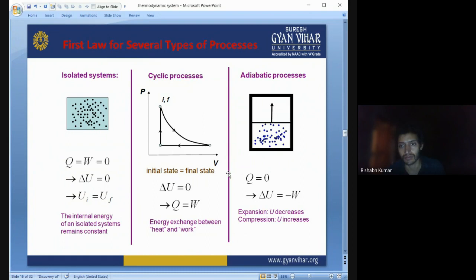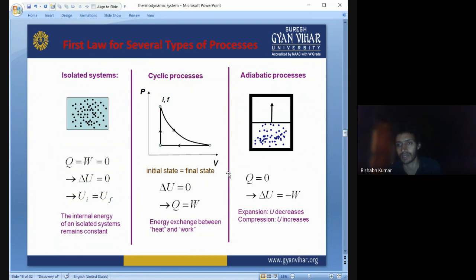So the equation that we got from the first law of thermodynamics will become delta U is equal to minus W, right? So the change in internal energy of the system will depend upon the work done by the surrounding on the system, or work done by the system onto the surrounding.